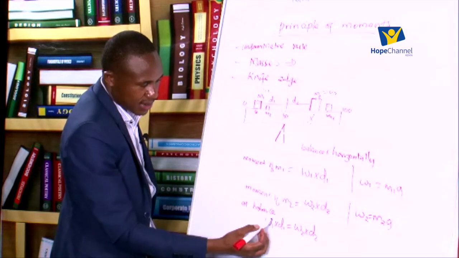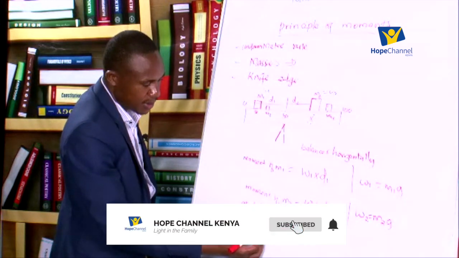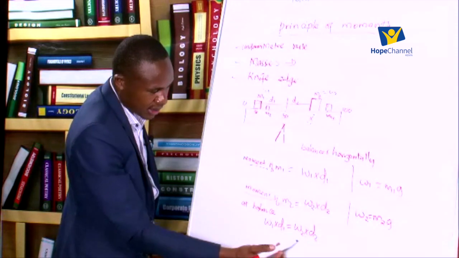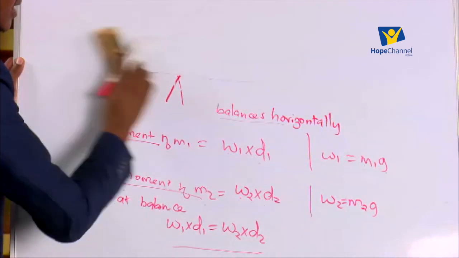Now at balance we shall always discover that the moment due to mass 1 and the moment due to mass 2 are equal. So if that is the case, we have the following as a principle.